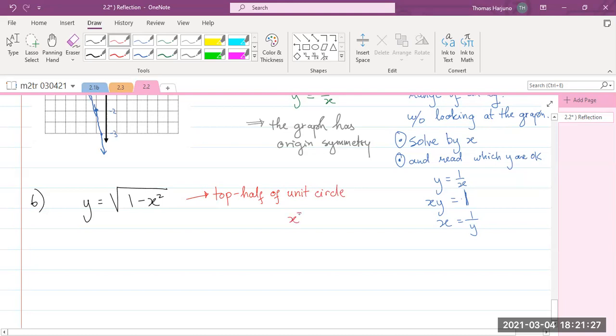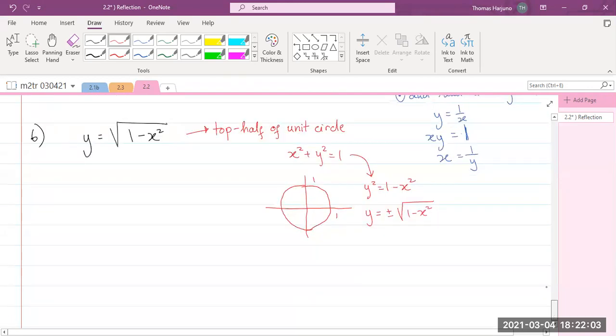Because the unit circle has x squared plus y squared equals 1, a circle centered at the origin with radius 1. When I solve y squared equals 1 minus x squared and apply the square root, it's supposed to be plus or minus the square root of 1 minus x squared. Square root property, right?